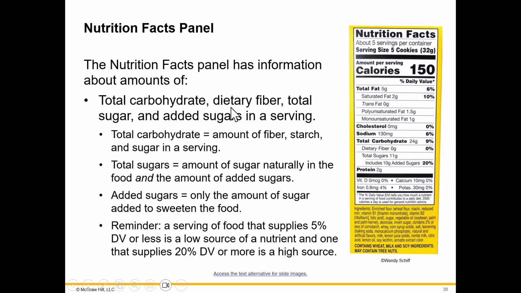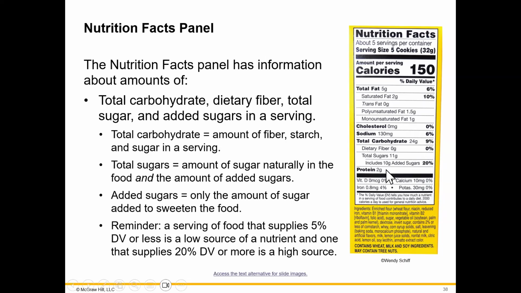This total carbohydrate by law only needs to list, however, fibers, total sugars, and added sugars. Notice how it does not always add up, right?